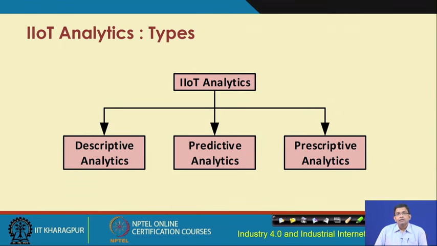The data that are received will have to be analyzed in order to improve whatever is being executed at present, to get more insight, to get more meaning of the data that is being received from these different machinery, to get a descriptive idea of what is going on at present, that is descriptive analytics.